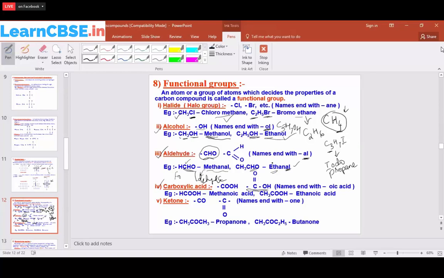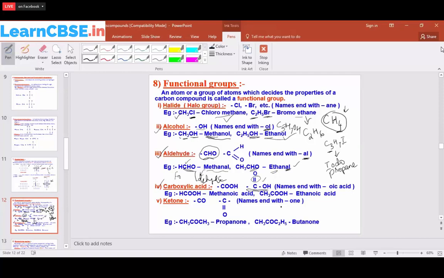Oxygen can make two bonds. Carbon has four bonds, right? So two bonds with one oxygen and one bond with the other oxygen, and this oxygen makes a single bond with carbon and a single bond with hydrogen, so the oxygen has two bonds here.